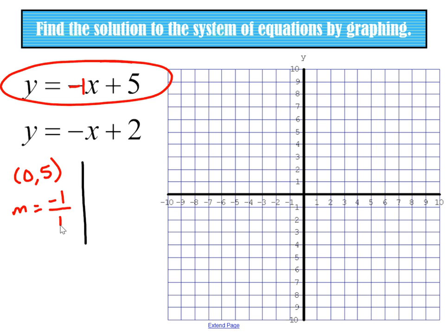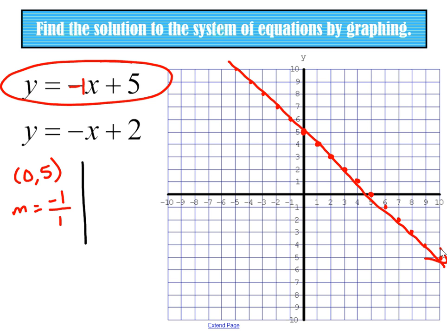So I'm going to put a dot at 5 on the y-axis, and I go down 1 over 1, maintain that pattern. I can go backwards as well. Draw a nice straight line.